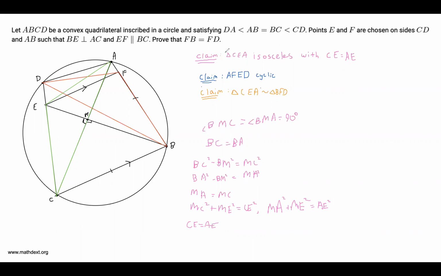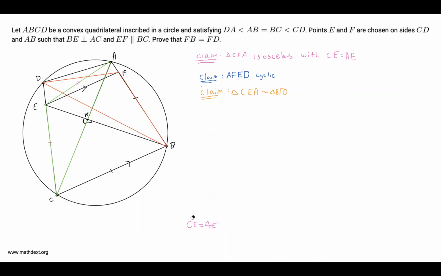And that proves this claim up here: triangle CEA is isosceles with CE equal to AE. So I can get rid of all of this work over here and over here, and I am going to put a check mark over here because we've proven it.